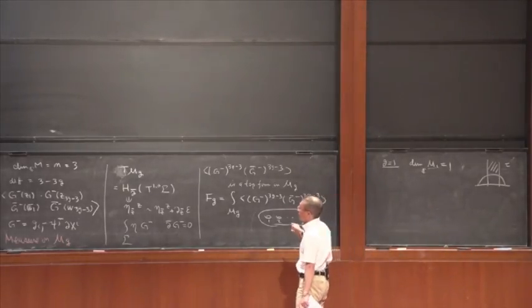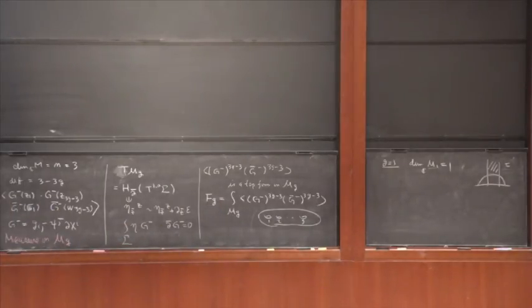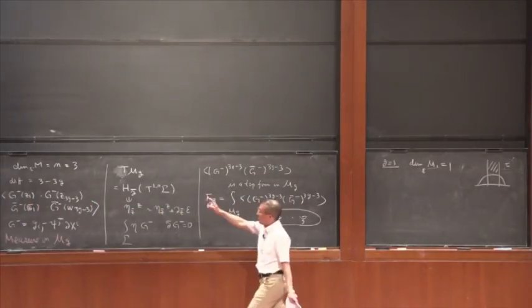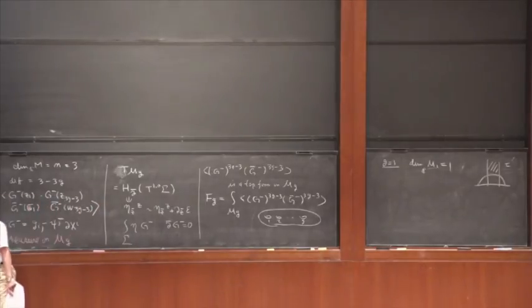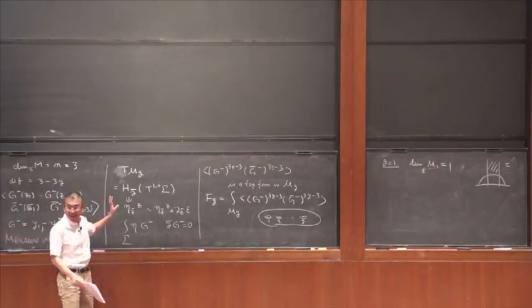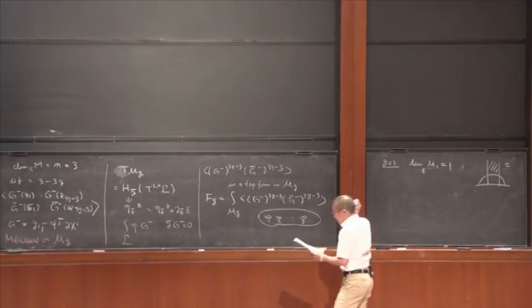This is in the notation where the supercharge is G plus and G bar plus. In this case, I'm using the opposite supercharges, whatever the choice of basis you are choosing. Okay?